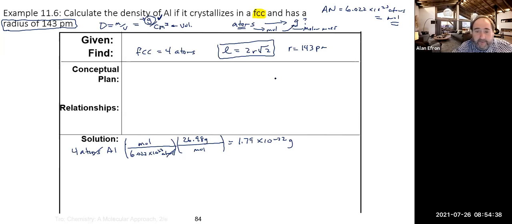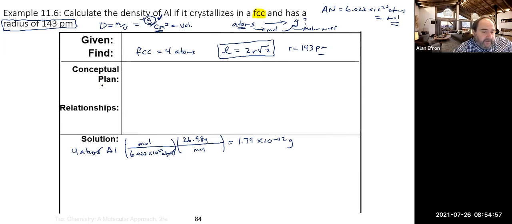Now, let's talk about units and ultimately where we want to go. We want to end up with a volume in centimeters, and this is in picometers, which means at some point along the way you have to do a conversion between picometers and centimeters.